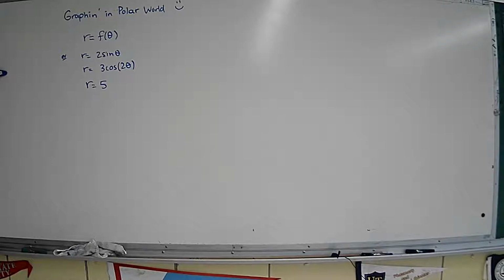But for our purposes, I want you to think about r as the distance from the origin. So I'm saying r is 5. It doesn't matter what theta is. The distance from the origin is always 5. What's that going to graph? Circle.